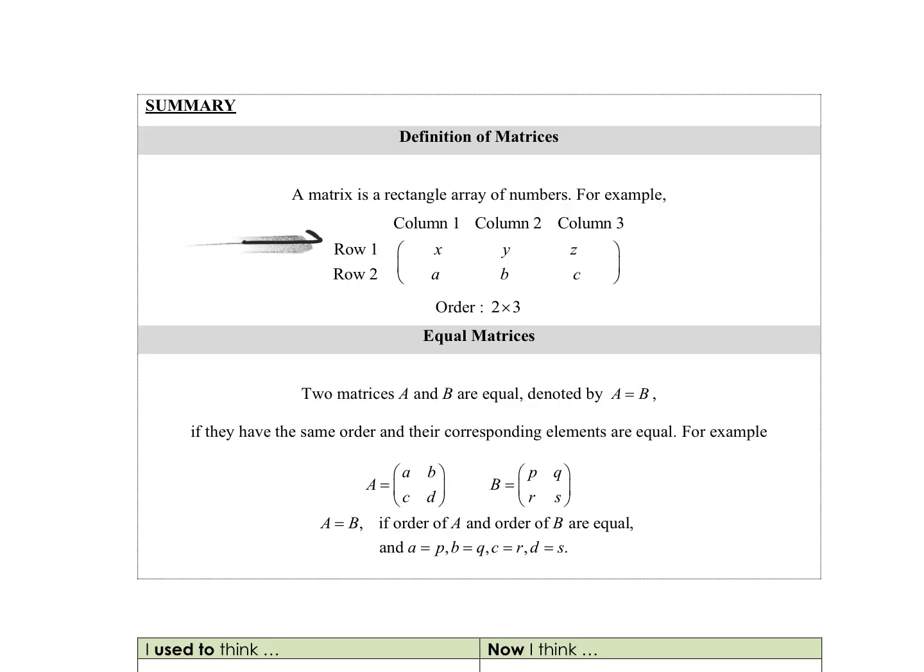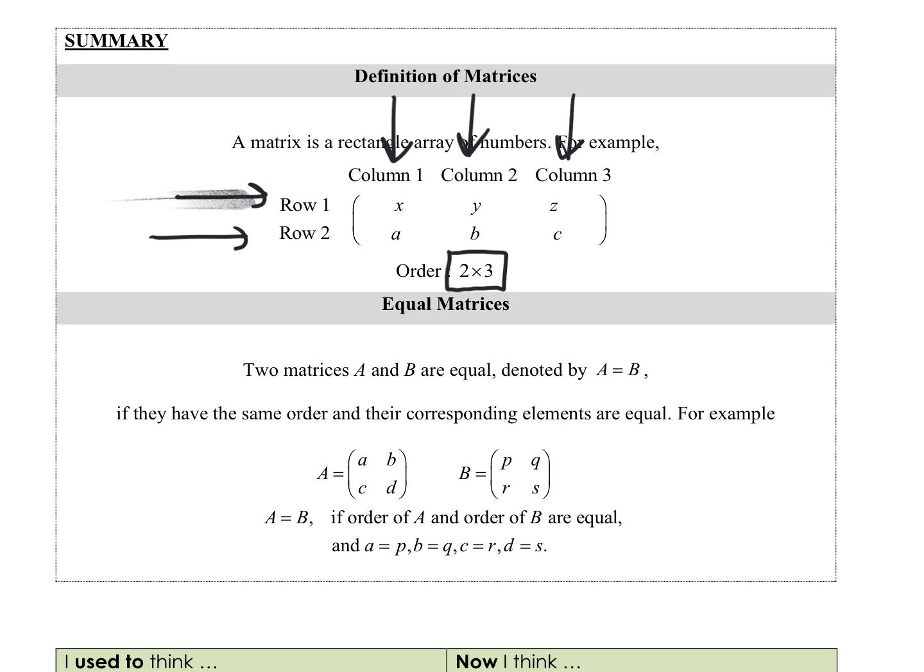No, you all must know, right? 2 rows and 3 columns. That's why we say the matrix has order 2 by 3. And when we say the matrices are equal, they must have the same order and all the matching elements must be the same.